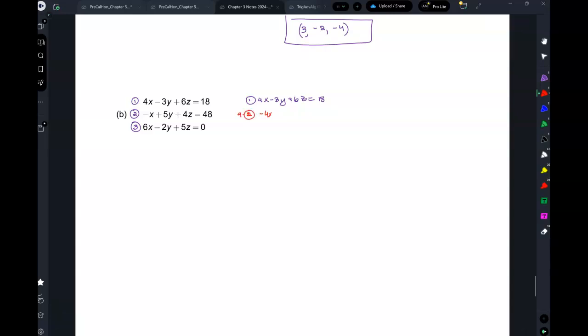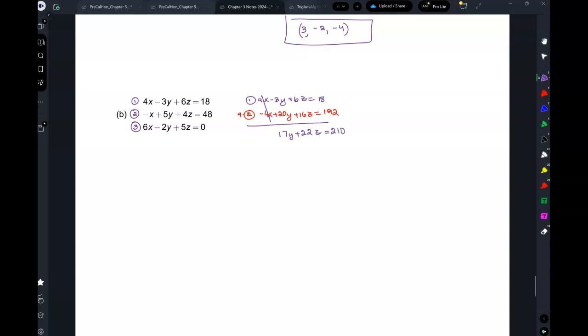So negative 4x plus 20y plus 16z is 48. What do I get? 192. So 17y plus 22z is 210.